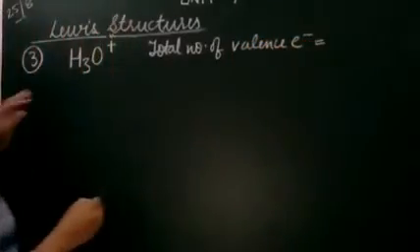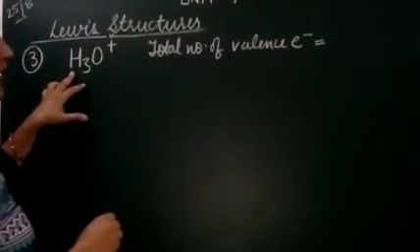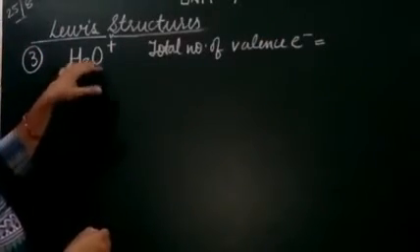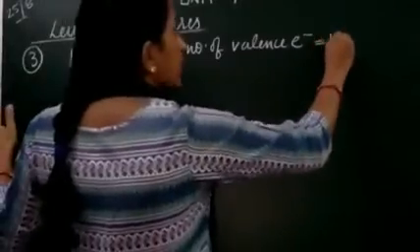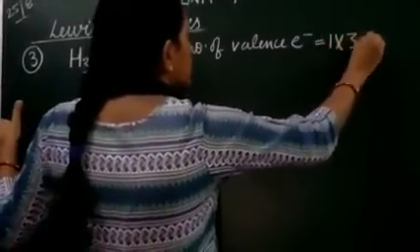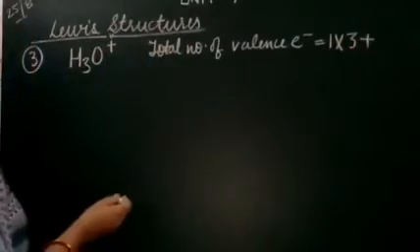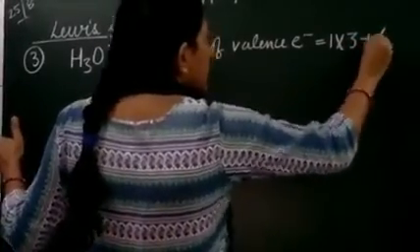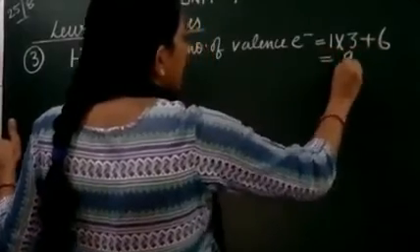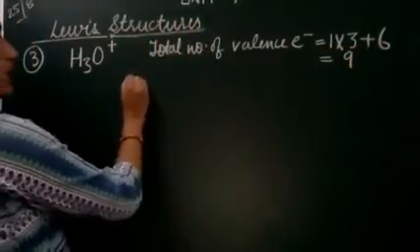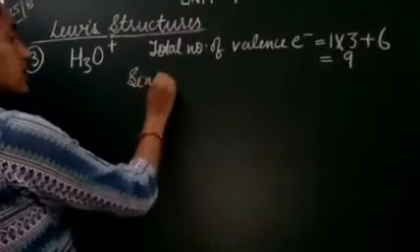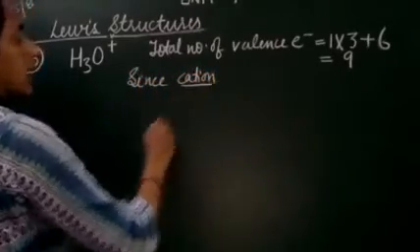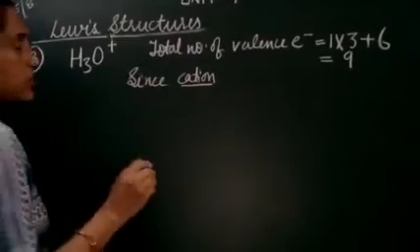Hydrogen has atomic number 1, so it has 1 electron in its valence shell. So 1 into 3 for the 3 hydrogen atoms, plus oxygen, which is 6. So how many is it? 9 electrons. Now since it is a cation, the species has a single unit of positive charge.